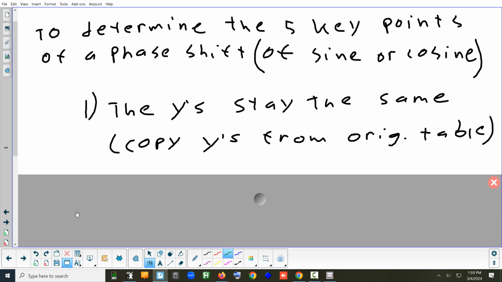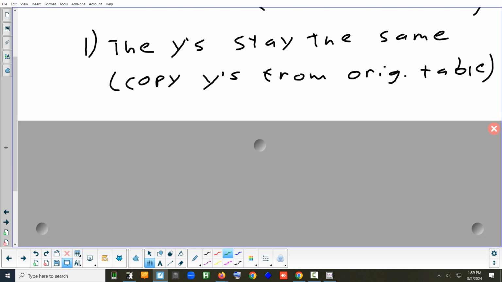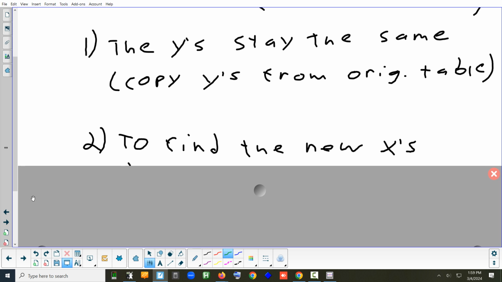Nothing. For today, when we shift up and down, well then they'll change, but today we're only shifting left and right. Okay, so y's are going to stay the same. Well, if the y's stay the same, then that means the x's are going to change. How do we find the new x's?